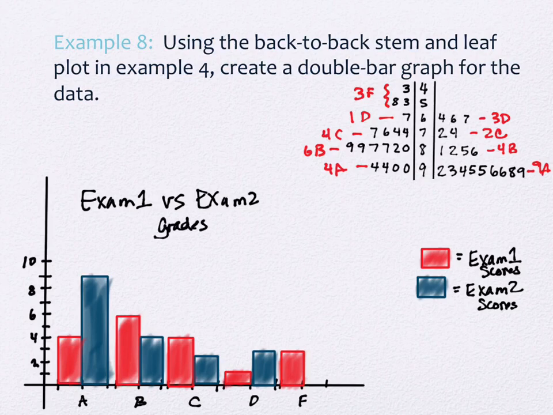What else am I missing? Labels on the axes, right. So the bottom axis would be letter grades, and the vertical axis would be frequency. All right, we good?